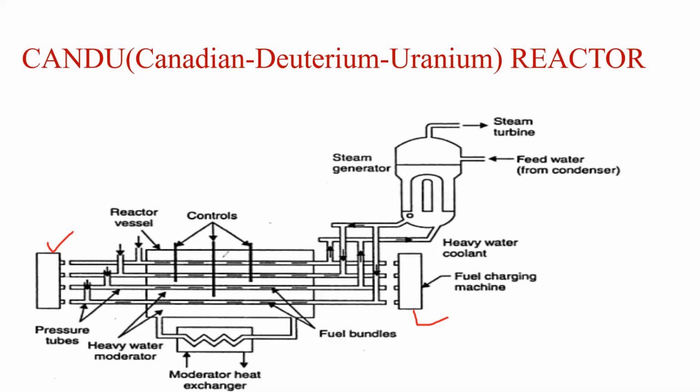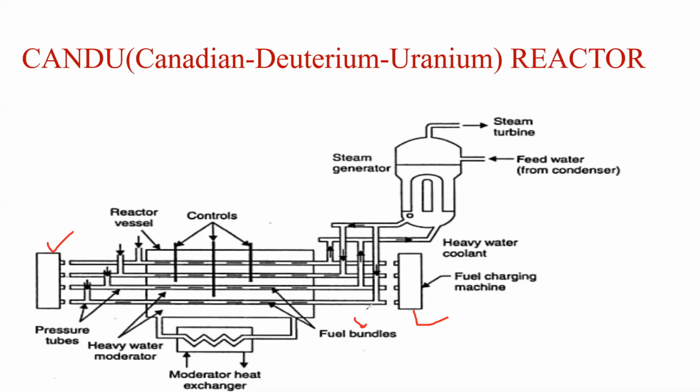Clearly observe. Fuel bundle. Fuel bundles. So what does it indicate, fuel bundles? The bunch of uranium fuel. Yes. Is there any difference between the shape of uranium here?